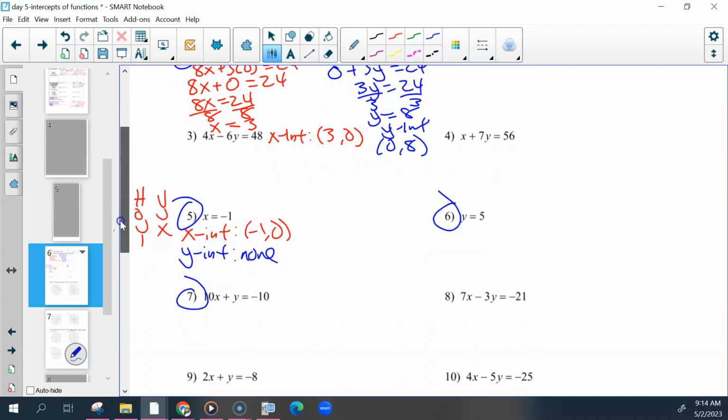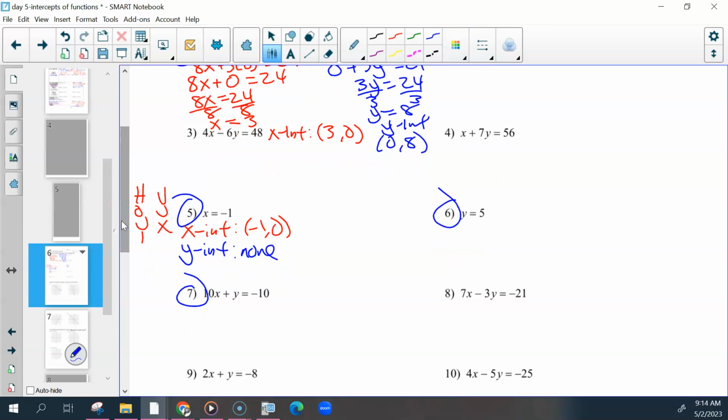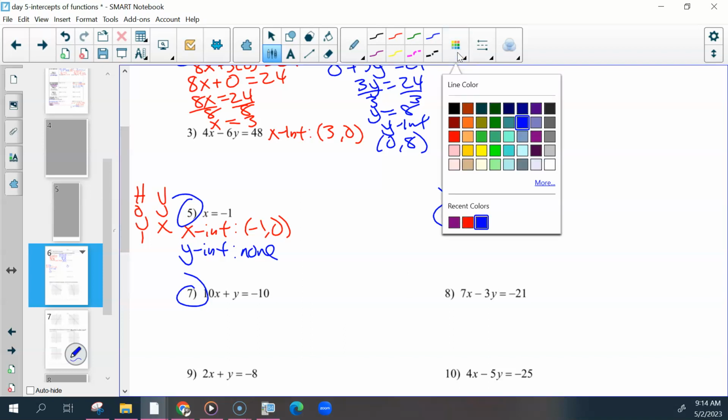So then what do we think happens at 6? It would be very similar to what happened at 5. It's opposite. So there will be no x-intercept.